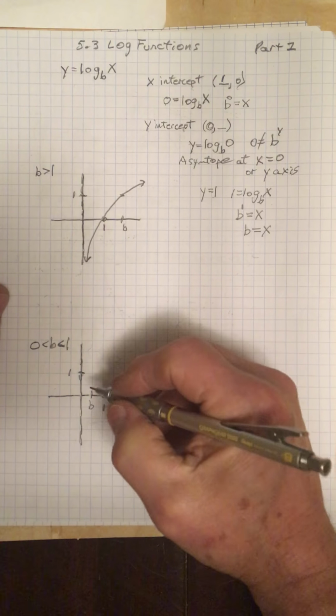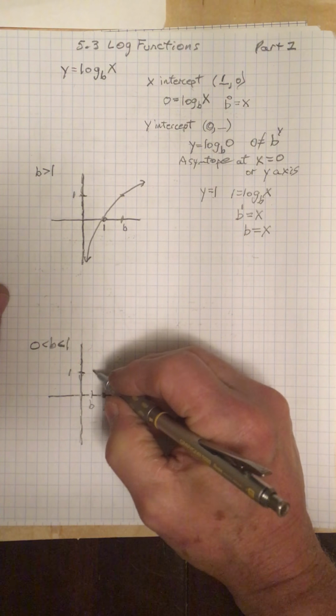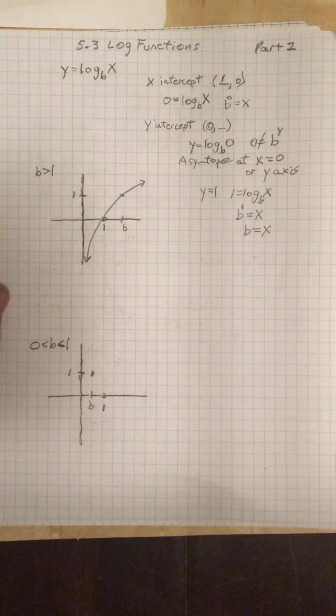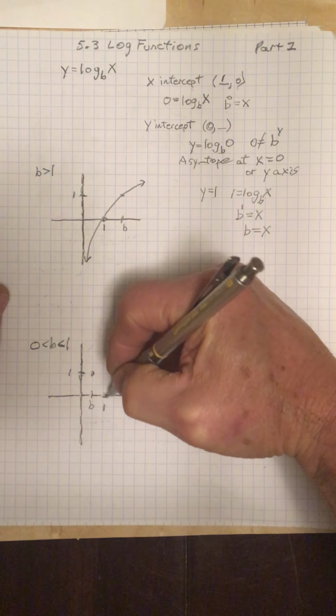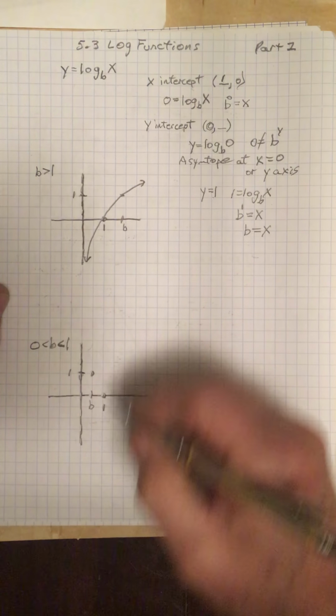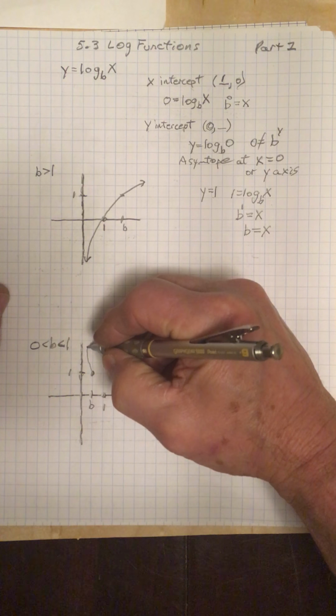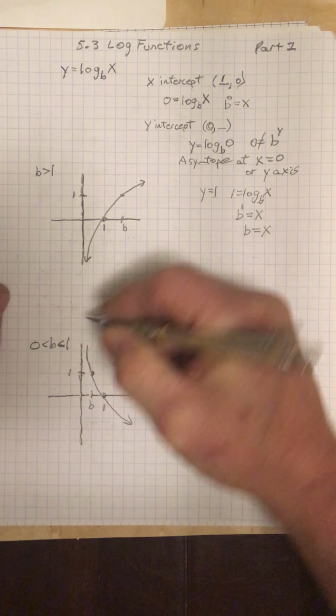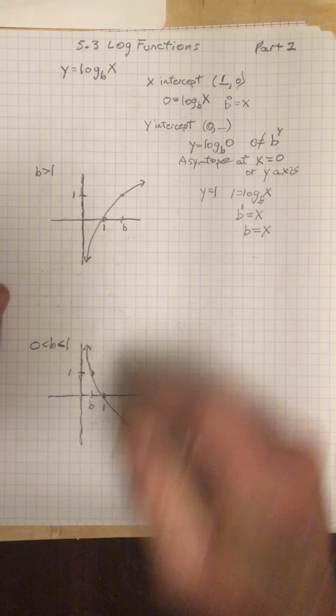In this case, since b is less than 1, there's our point b, 1. It has to go this way if this is the asymptote. There's no other way it can go. So the graph looks like this.